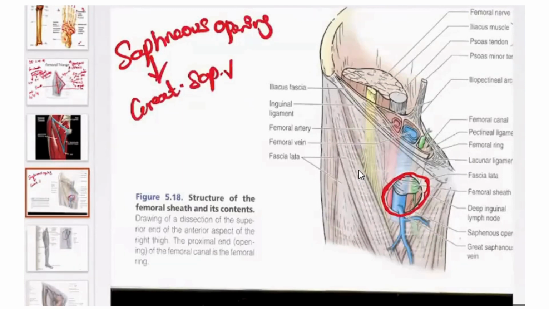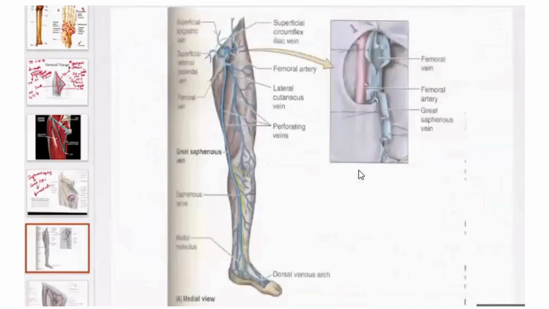For the upper limb, is the cephalic vein lateral or medial? Lateral. Basilic vein is medial. Connecting cephalic and basilic vein is the median cubital. So corresponding to cephalic, here on the medial aspect, it is the great saphenous vein that pierces the cribriform fascia of the superficial fascia and drains into the femoral vein.